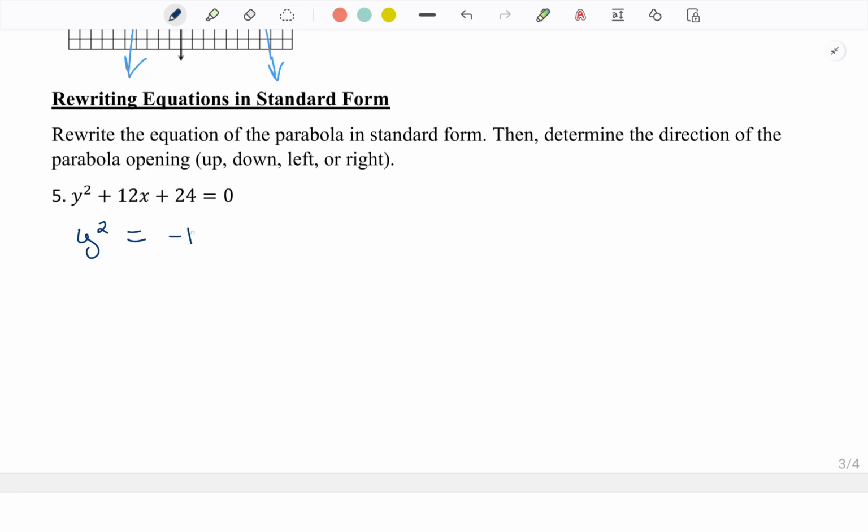So we're going to subtract the 12x and the 24. And then I am going to get that common factor out of the coefficients of my x's. So that gives me a negative 12 and then x plus 2. And so since we do have a y squared and we have a negative 12, this means that we open left.